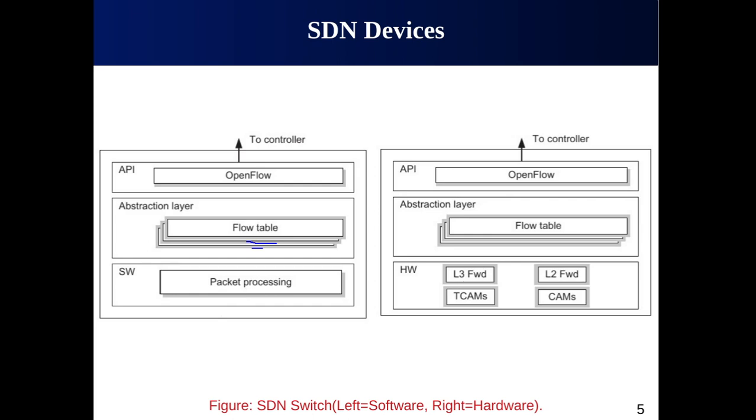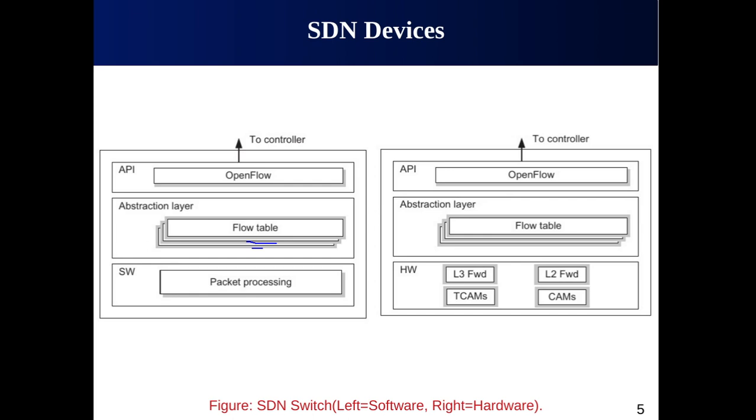An incoming packet is compared against the match field, and when a match is selected, actions are performed. And actions are the instructions that the network device should perform if an incoming packet matches the field. So this is the role of the flow tables in forwarding the packets.